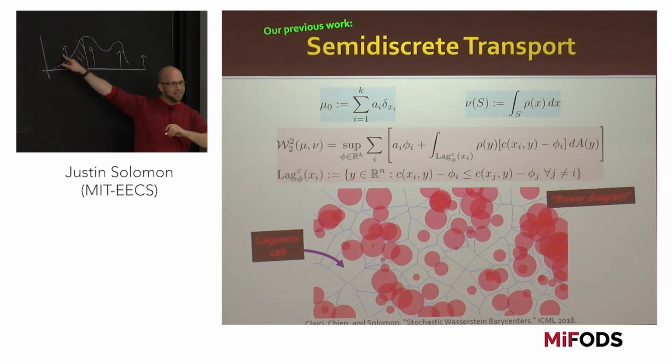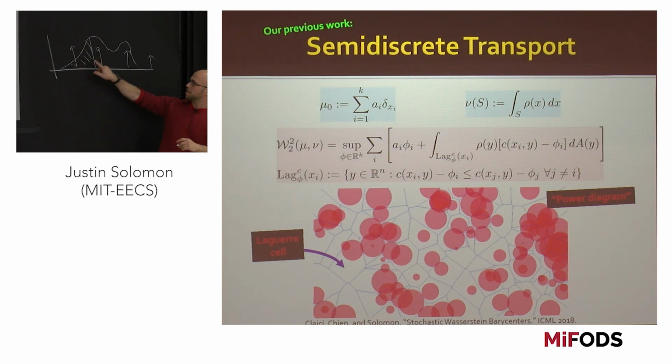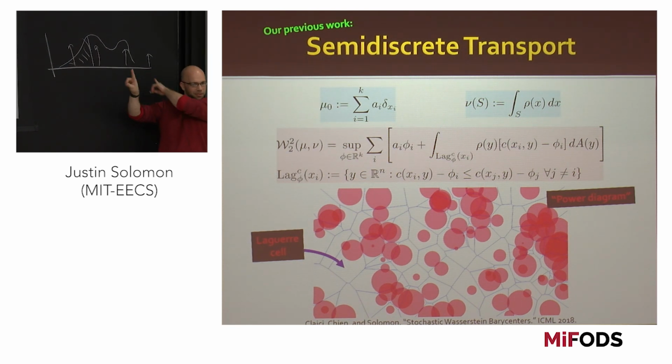Then I think we can all agree that there's never a reason for mass to leapfrog when you map from one into the other. So what can I do? I can sort all of these delta functions from left to right, and then find locations where I chop the smooth distribution, and that gives you my transport map.